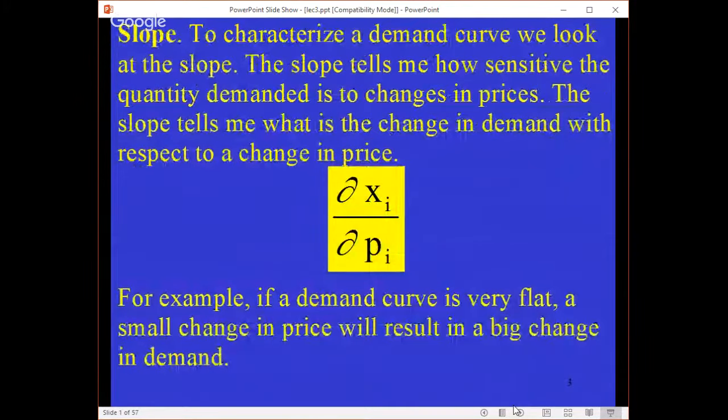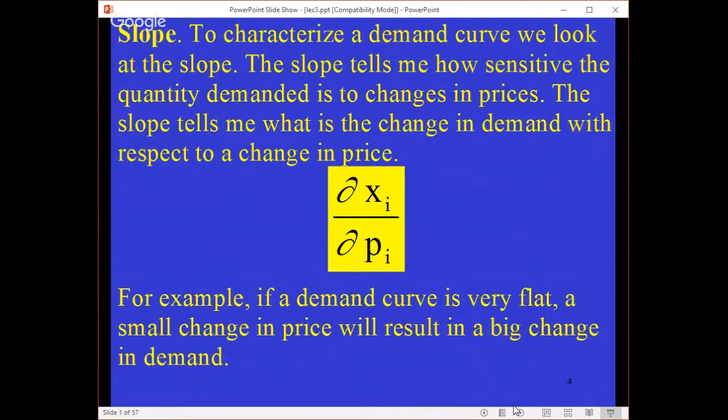Okay. So now, last time we derived the individual demand curve, and we have a concept of the market demand curve. What I want to talk about now is the slope of the demand curve. We know it's downward sloping. So I know more than one thing affects the demand for that good.